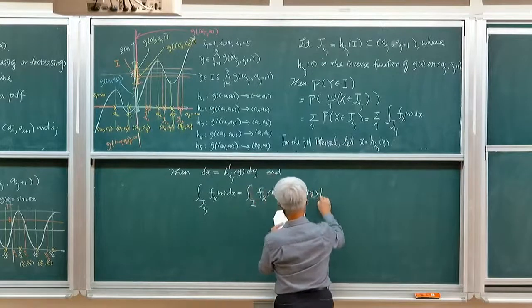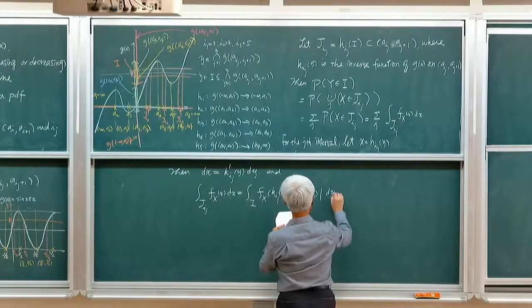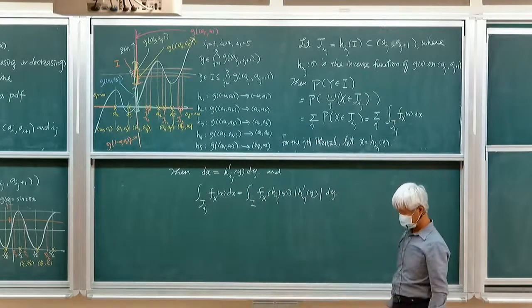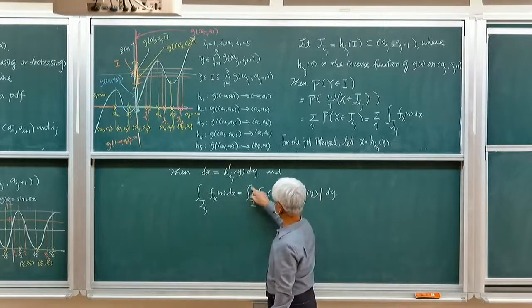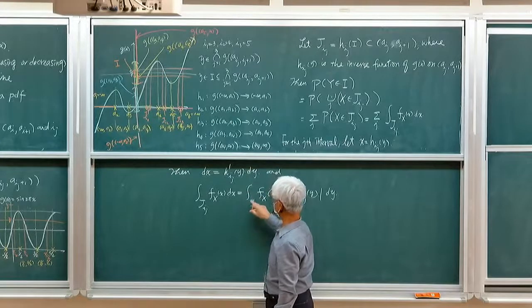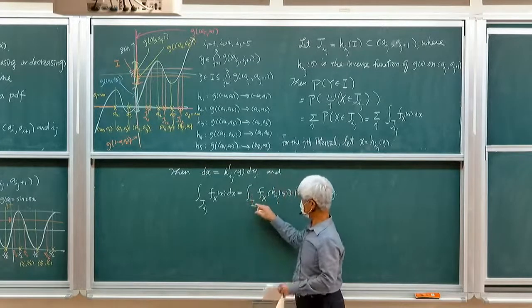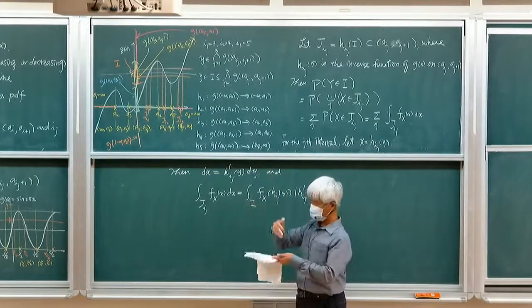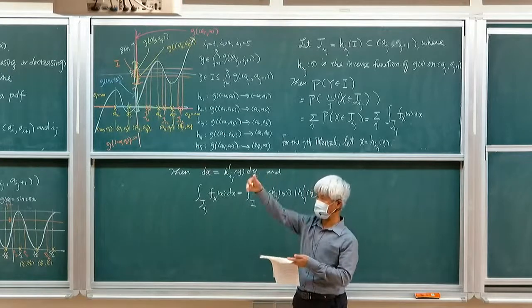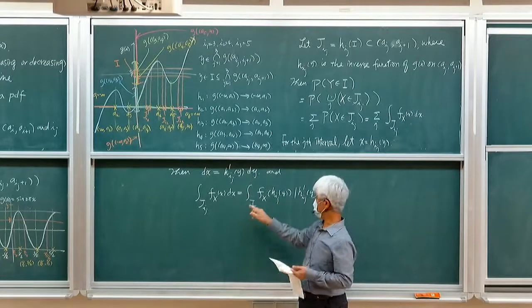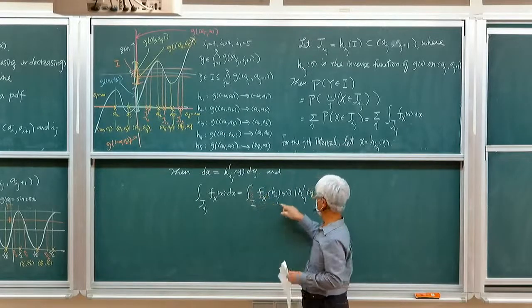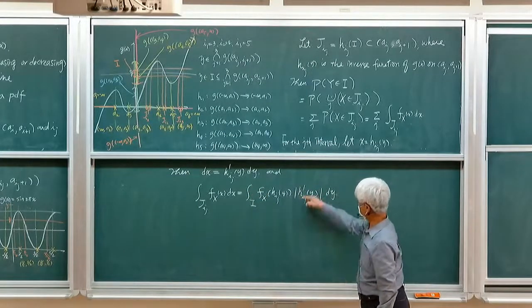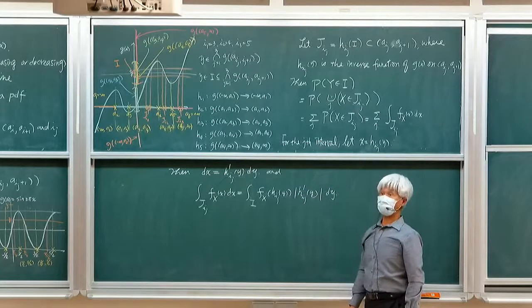We have to take the absolute value. The reason is that we always integrate over an interval from the smaller endpoint to the bigger endpoint. So that's why we have to take the absolute value.